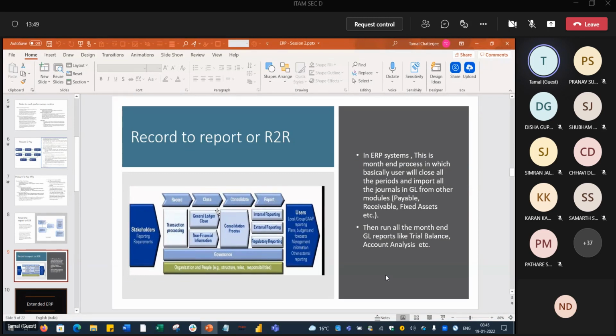These are in each and every ERP implementation. It may be SAP, it may be Oracle, it may be cloud, it may be on-premise, but these business processes, sales, procurement, and finance and accounting, have to be implemented.